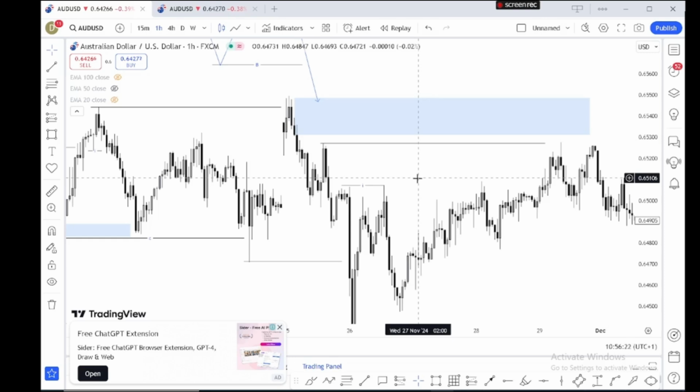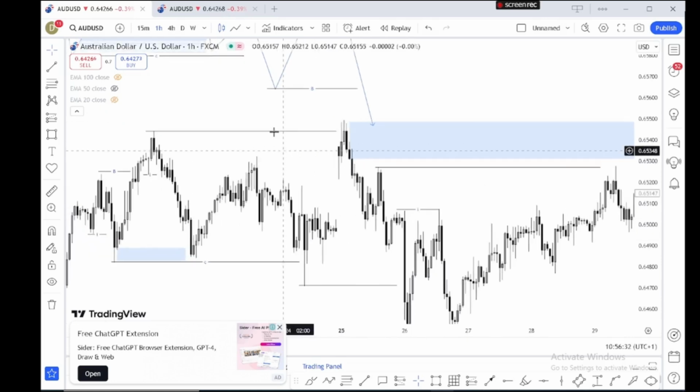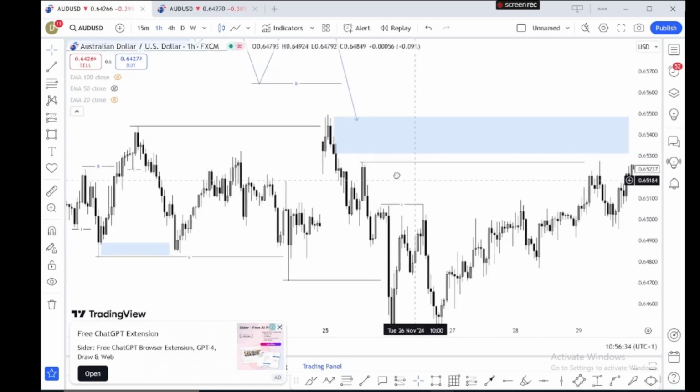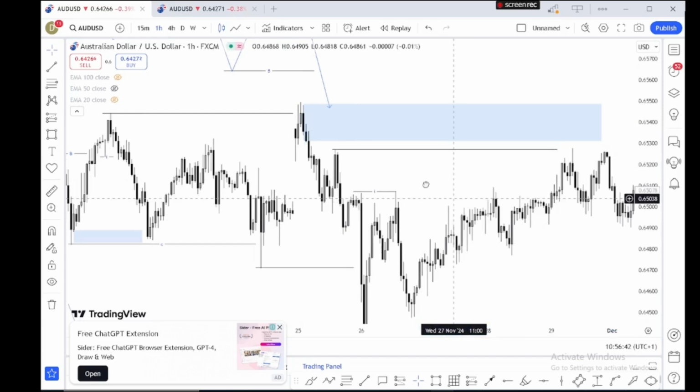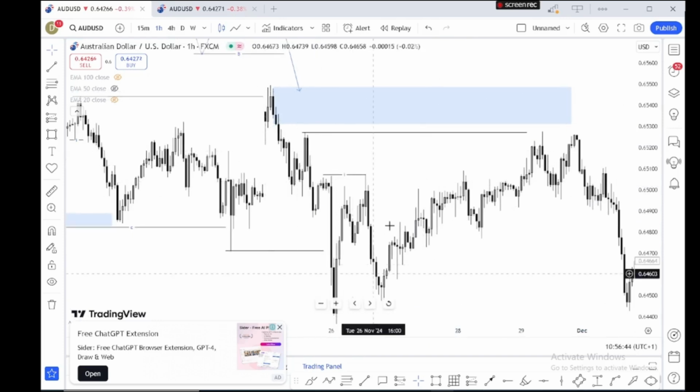What is important in this game is liquidity, where the liquidities are, where the money is resting. Look at it, money is resting here, money is resting here. This level is high probability because look at this liquidity grab on this level. Market gave that big move to the down, so it has to go and take money here.